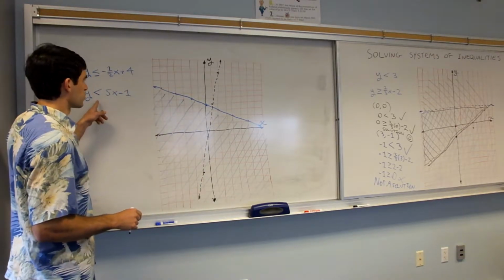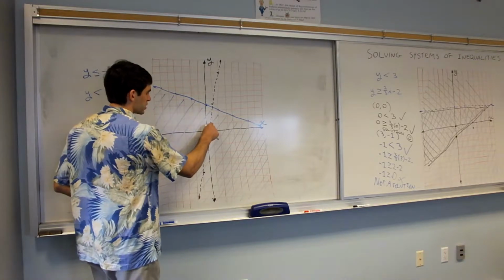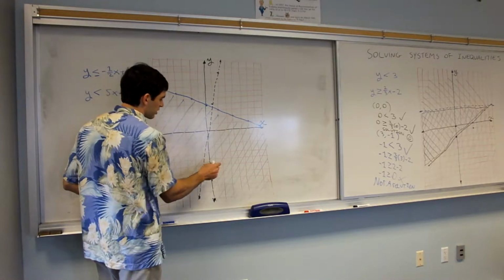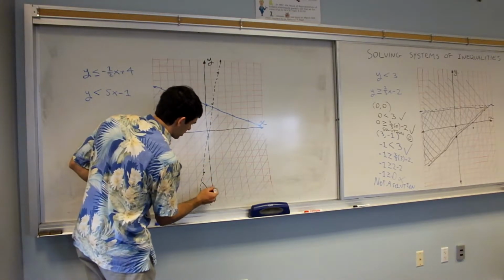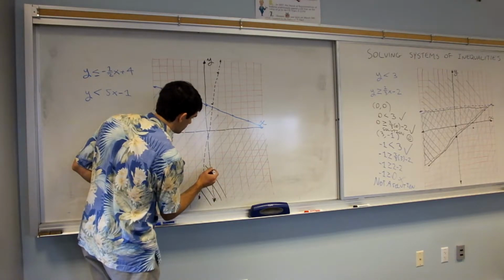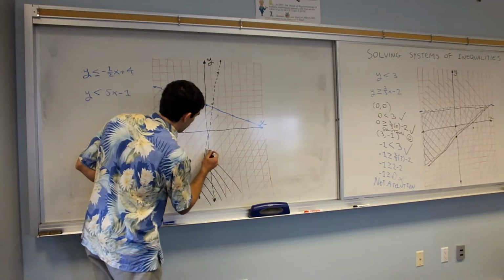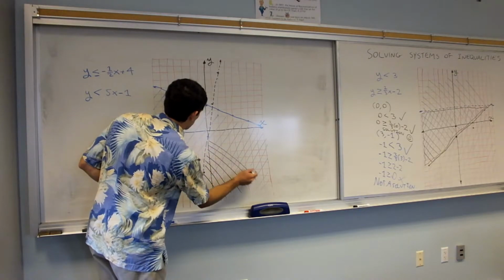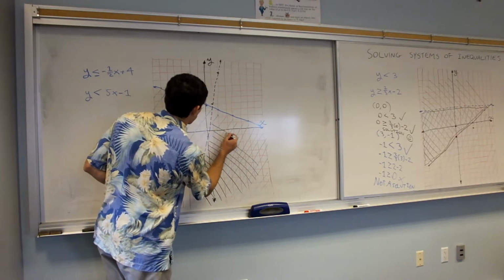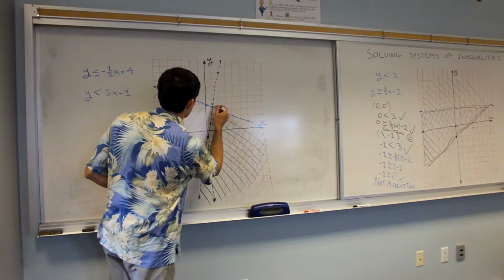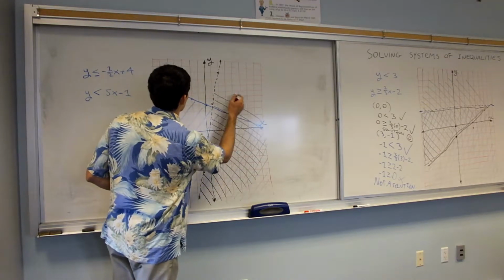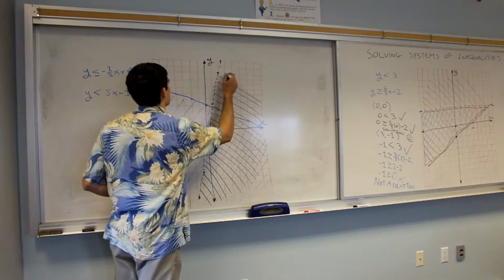So now, since y is less than, we would shade the side under the curve. So I would shade the area that looks like that.